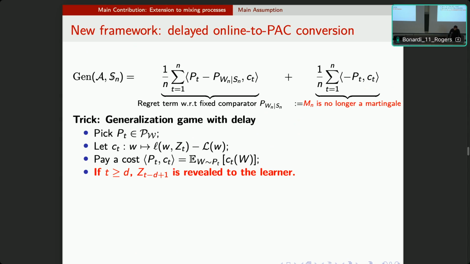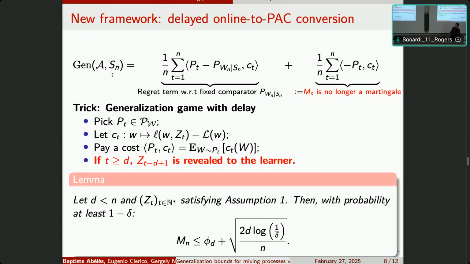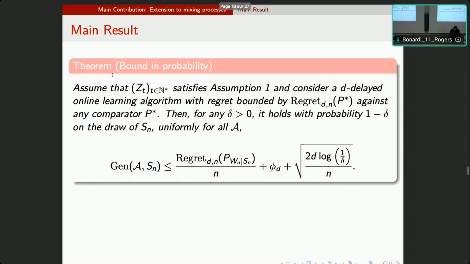And we can show that with this new generalization game with delay, Mn almost behaves as a martingale, up to this phi d term, which measures the rate of the dependence decay. And so now, let me put everything together.